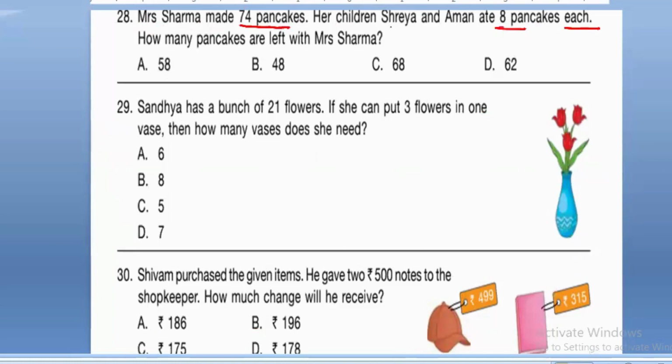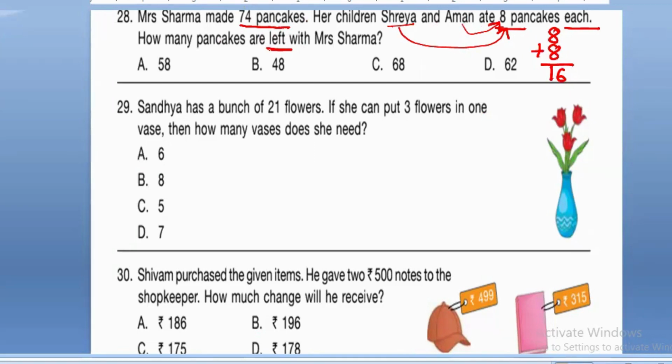Now each means Shreya had 8 pancakes and Aman also had 8 pancakes. So how many total pancakes did they have? They had 8 plus 8, which is 16 pancakes. And in total there were 74 pancakes.